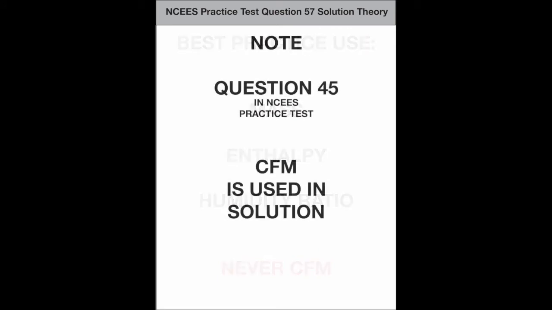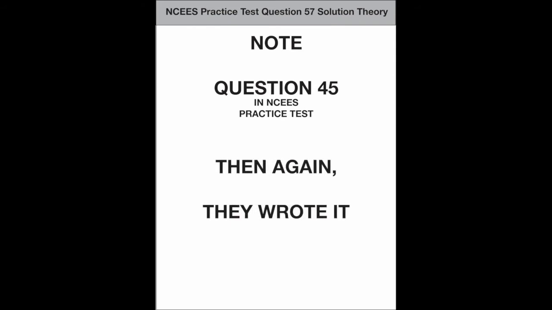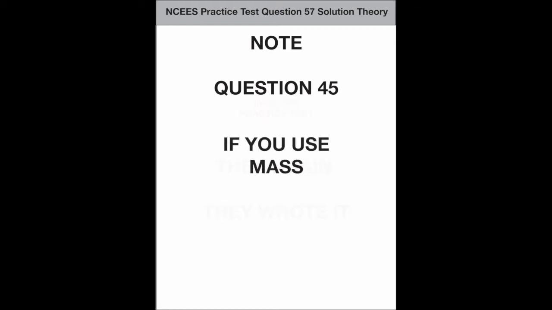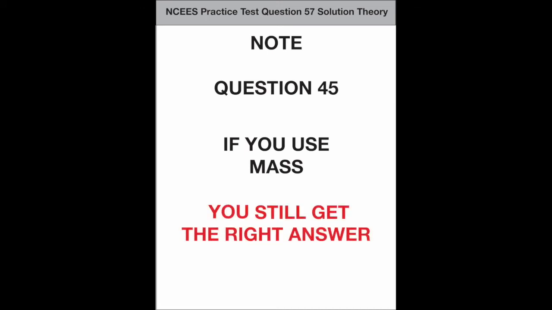Take note, in question 45 of the NCEES practice test, CFM is used in the provided solution. They opt to show you that approximation is close enough in that case. Then again, they were the ones who wrote the question and the possible answers, so they knew beforehand that approximation would be okay. If you use mass, and not CFM, to solve question 45, you'll still get the correct answer.